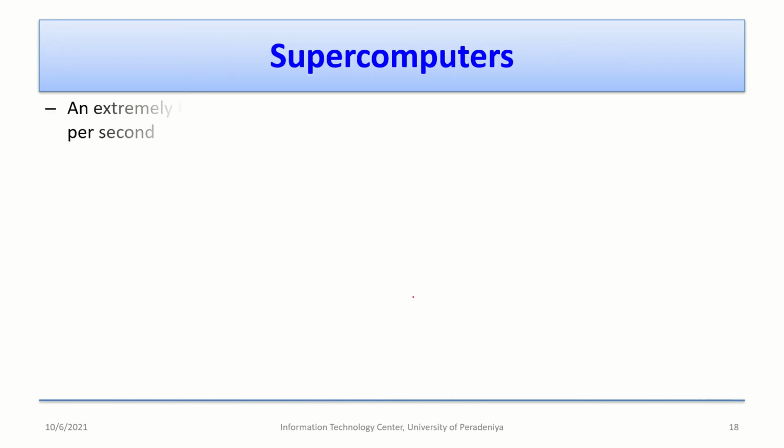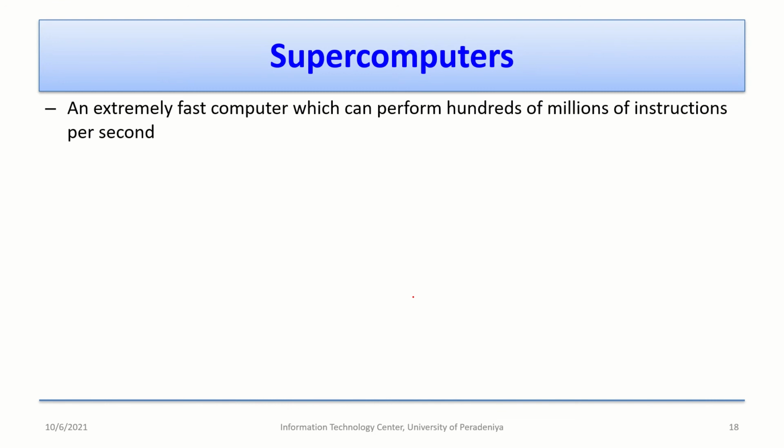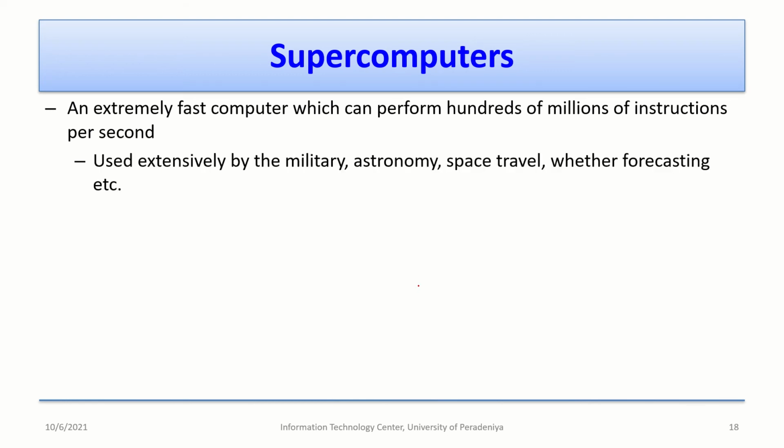Then supercomputers. Actually, an extremely fast computer which can perform thousands or millions of instructions per second. These are used for military purposes, space travel, or weather forecasting.